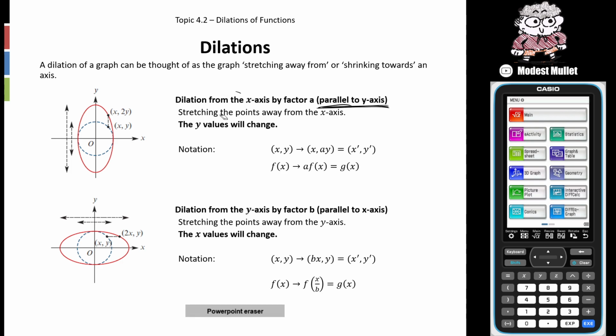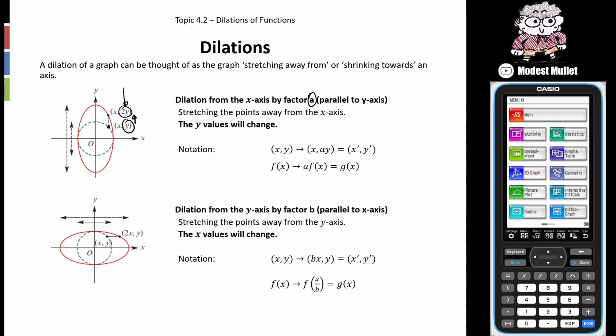It's quite obvious to note if we think about what's happening to an individual coordinate. In this case, we've dilated by factor A, a placeholder A for any dilation amount. In this picture, we can notice what's happened to the y coordinate. It has been doubled.